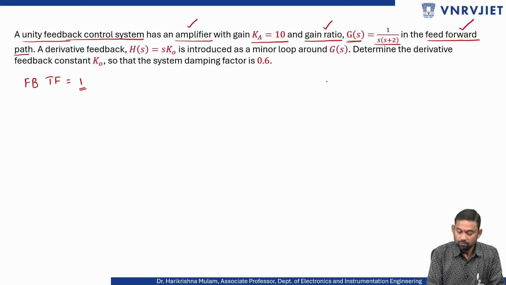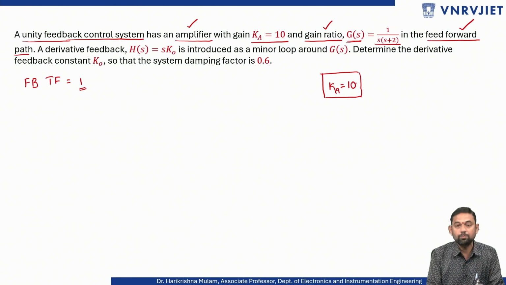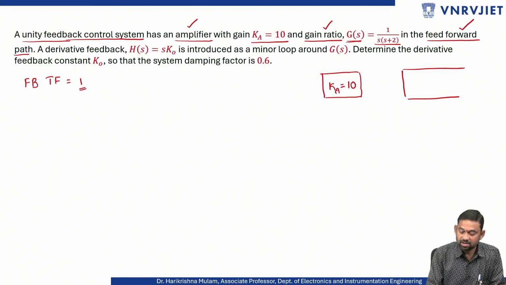As already discussed, this system has an amplifier with a gain Ka is equal to 10 in the forward path, as well as a gain ratio represented by G of S is equal to 1 by S into S plus 2.